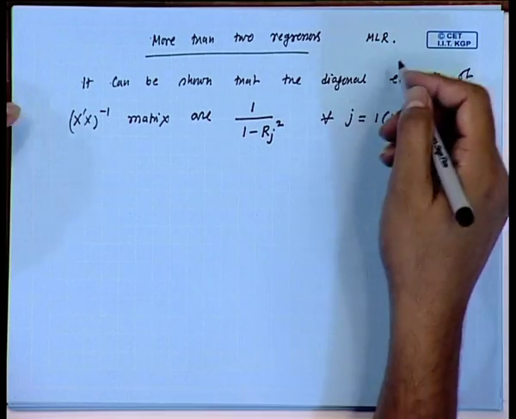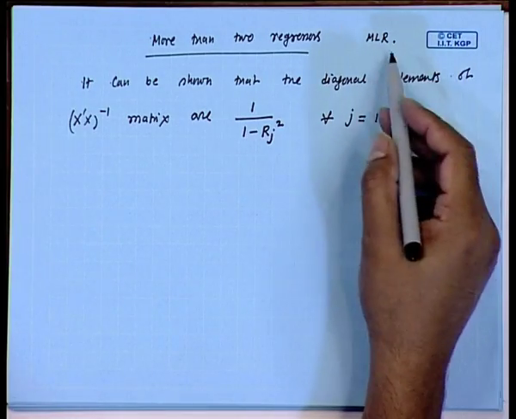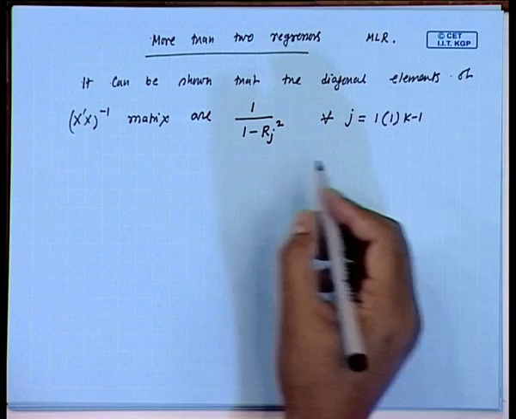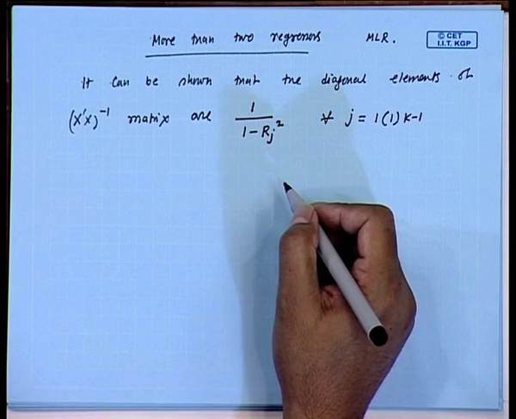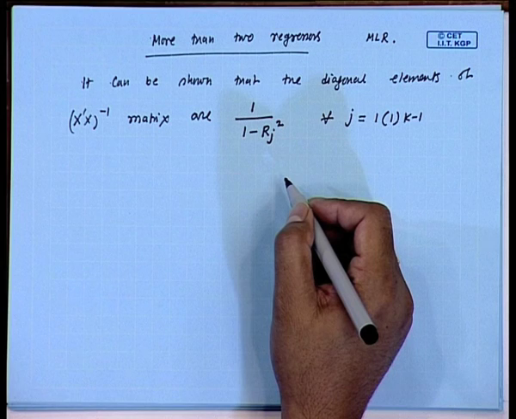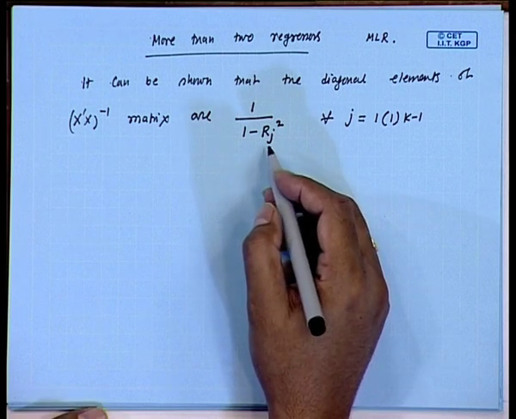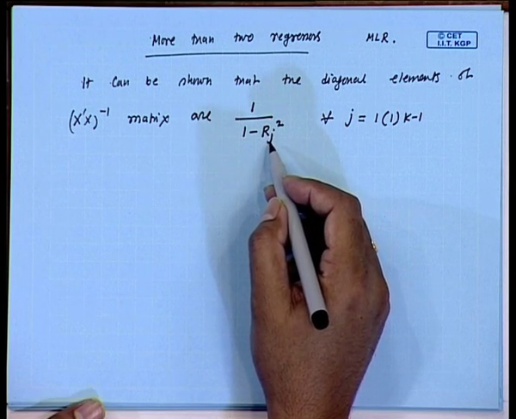So, I am talking about a multiple linear regression model with k minus 1 regressors, and of course, I need to define what this Rj square is.